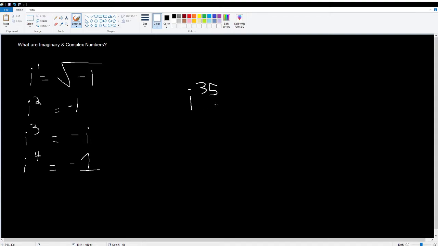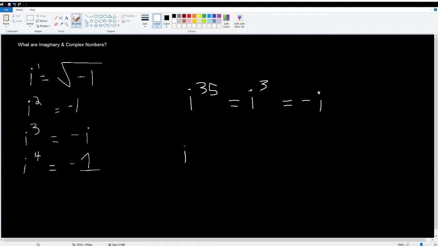Same idea. To find out the value of this, I need to divide the power of i by 4 and find its remainder. And if you divide 35 by 4, you get a remainder of 3 because 4 times 8 is 32, and 32 is 3 away from 35. Hence, this is also equal to i cubed, which is equal to negative i.